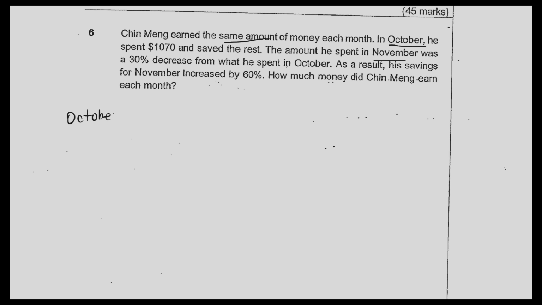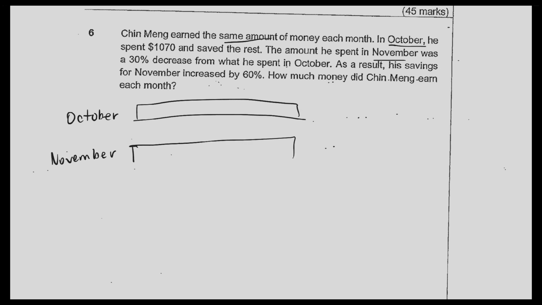So let's do it. We make these model bars generally equal in length. In October, he spent $1,070 and saved the rest.